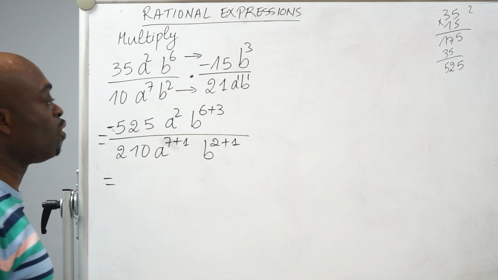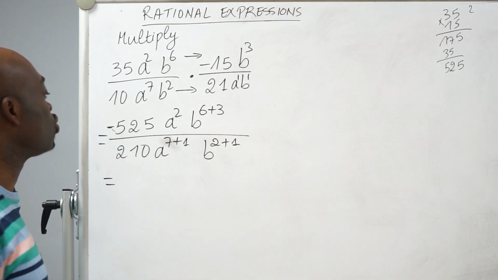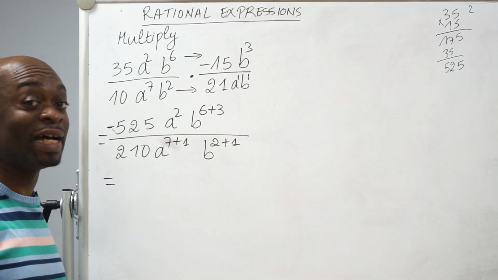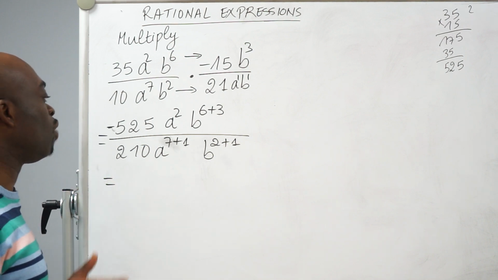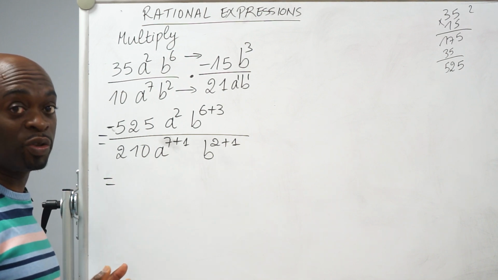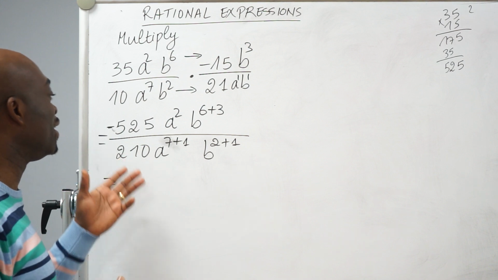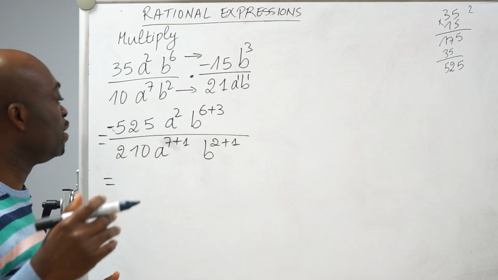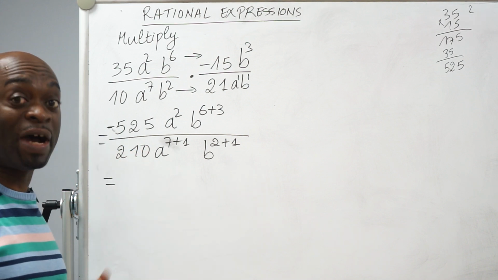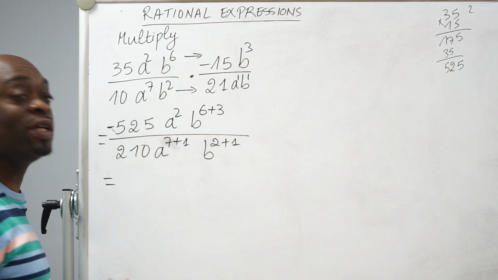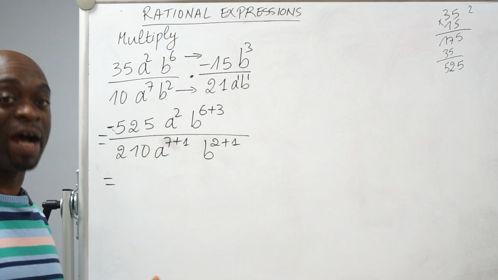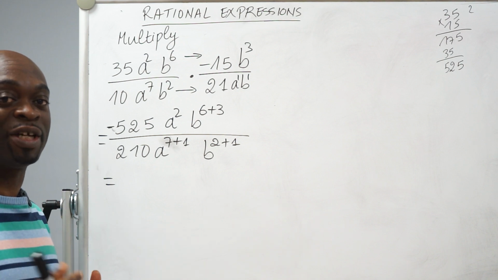Okay, so let's go at it. Now, 525 divided by 2 and 10. It's not an obvious simplification to do here, but one step after the other, we'll be able to do it. If we're dividing 525 by 5, for example, because the number ends with 5 and the other number ends with 0, that means they are divisible by 5. That's a tip you need to keep in mind.